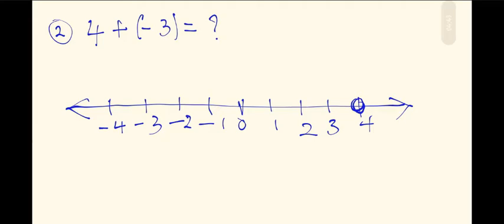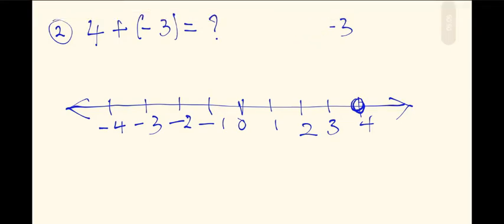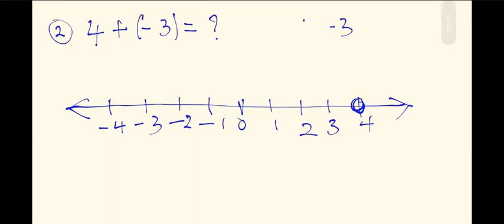So this can be written as 4 minus 3. This is the same as this.